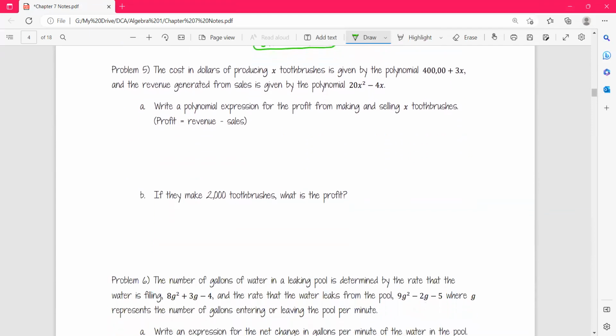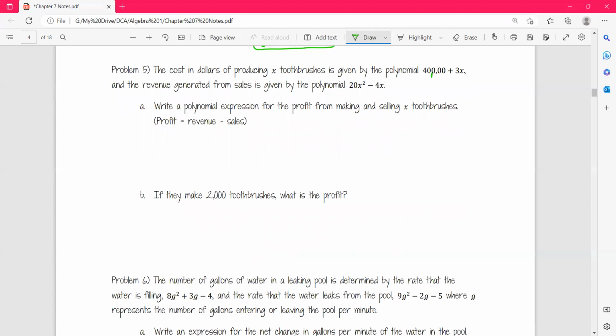The cost in dollars of producing x toothbrushes is given by the polynomial 40,000 plus 3x, and the revenue generated from the sales is given by the polynomial 20x squared minus 4x. All we need to do is write the polynomial that represents the profit equation. That's what A says.